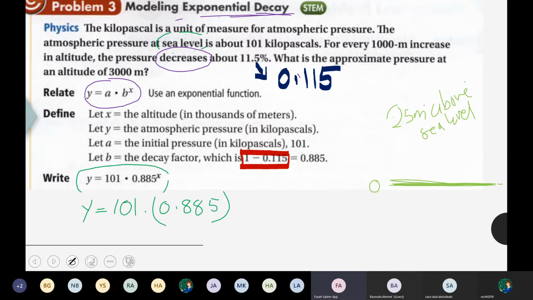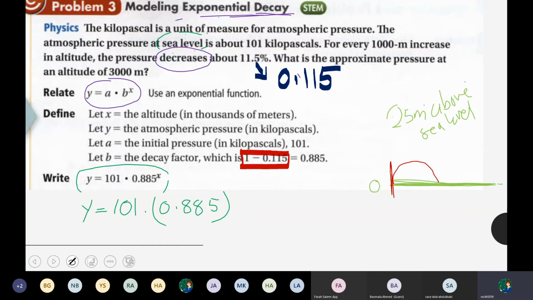Then, teacher, we will make 3,000 minus. No. He didn't start from that. He told you that I start from the sea level, so I start from 0. For every 1,000 meters increase, the pressure will decrease.